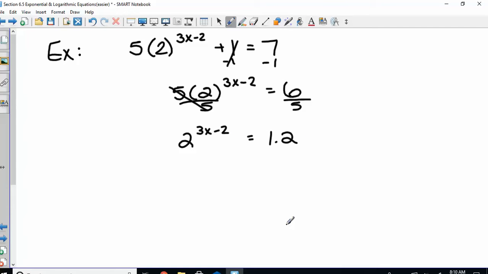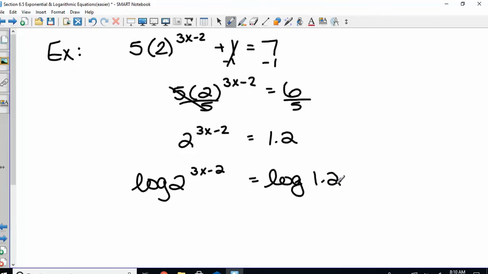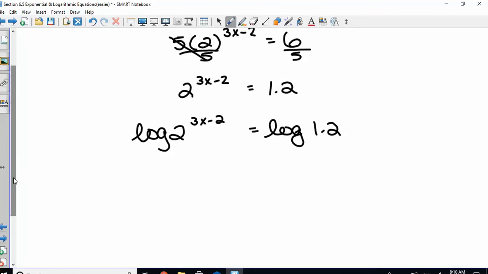Then what do I do? Okay, with this, exponents down to the front.